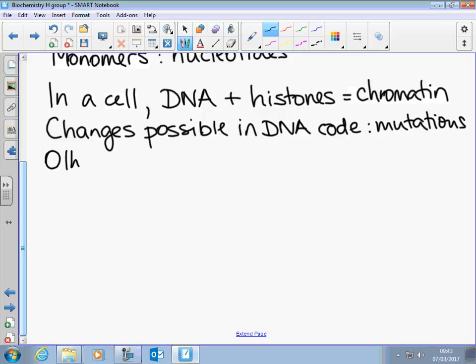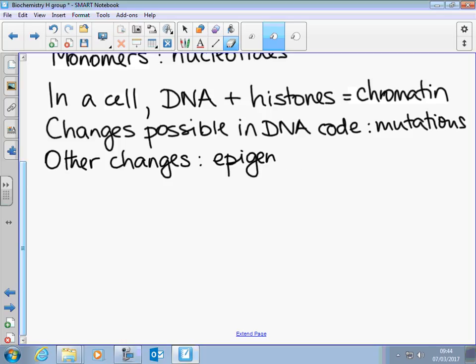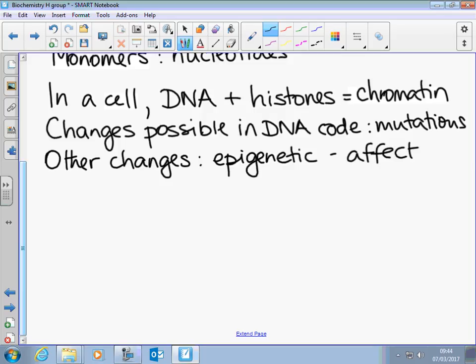Other changes are described as being epigenetic, and these affect the DNA and the histones.